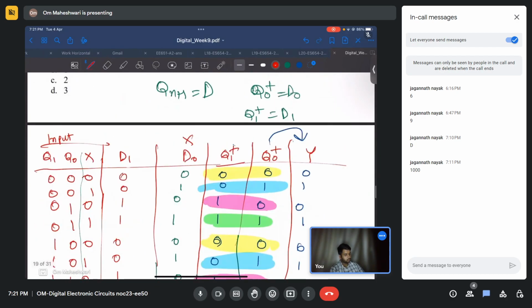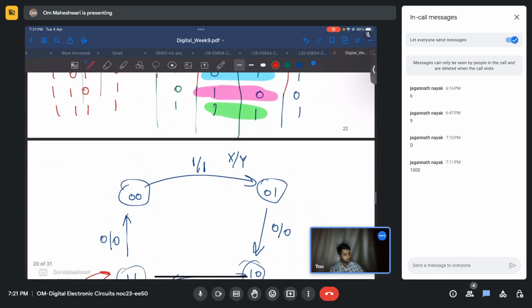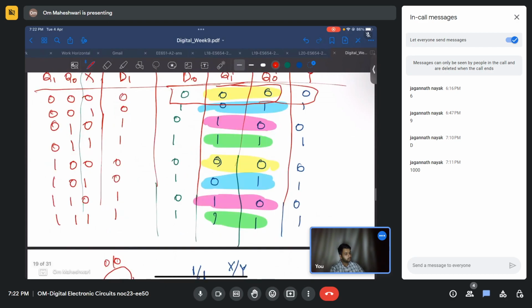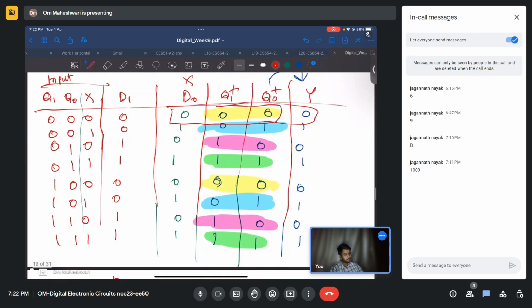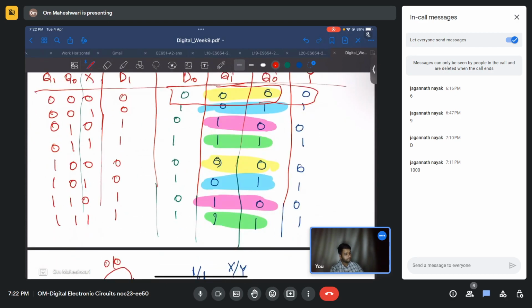This state. So we have a 0 0 here. We'll go back to the state, right?